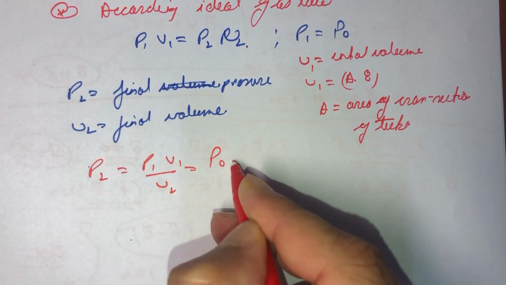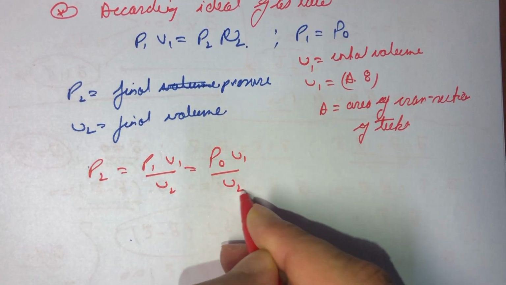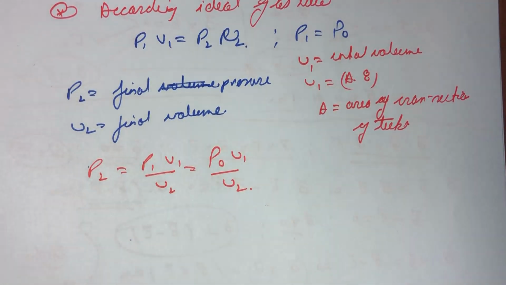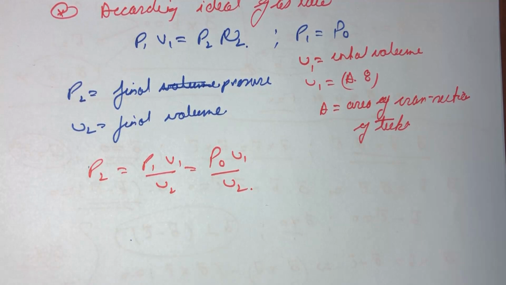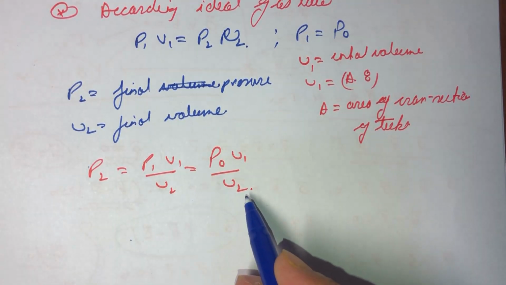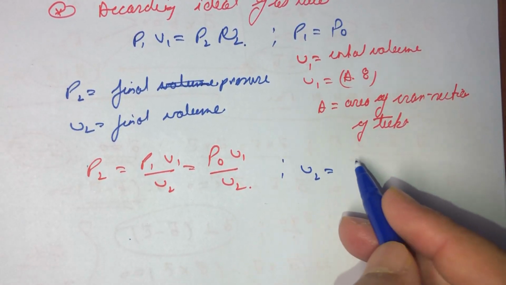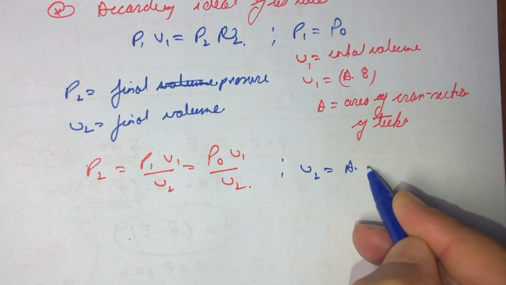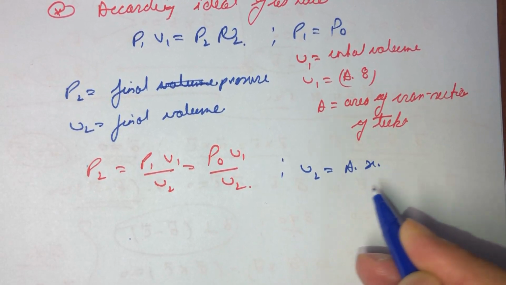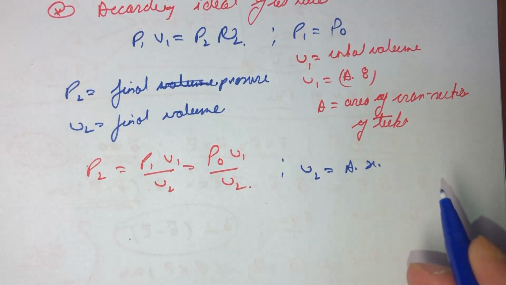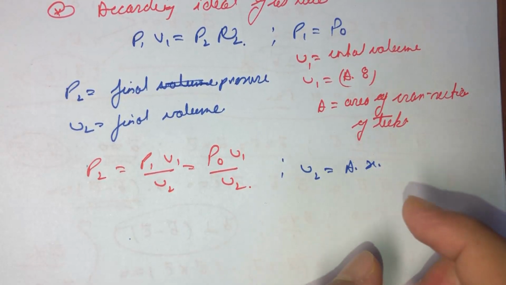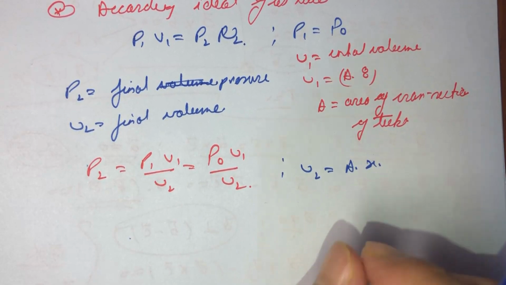So this becomes P naught V1 upon V2, and V2 will be equal to the area of cross section multiplied by the height of the air inside the tube.